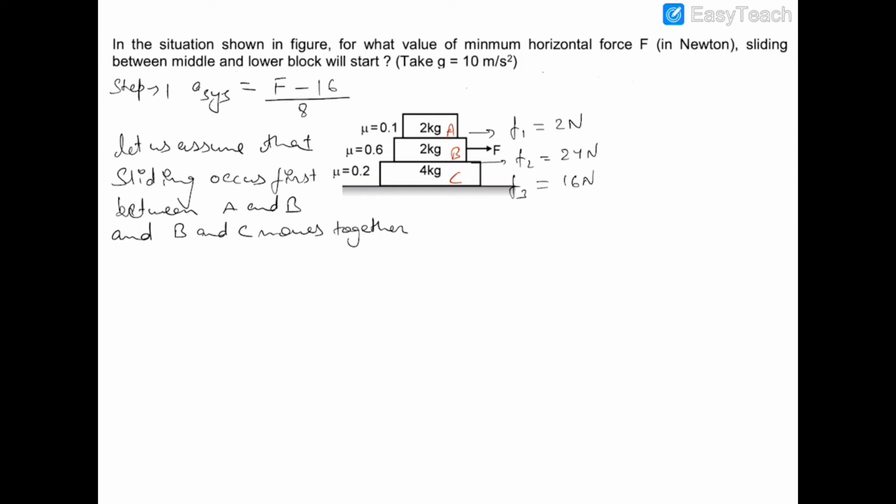I'm finding out the value of F for which the sliding is occurring between A and B, and I'm assuming that at this time B and C are moving together.